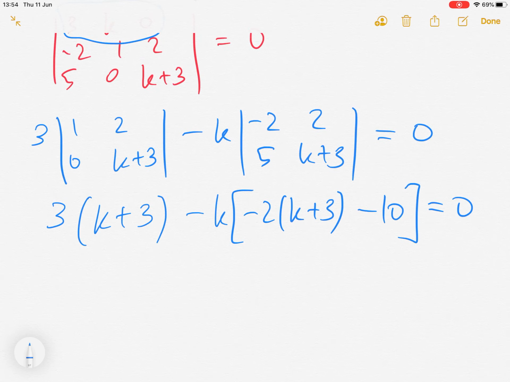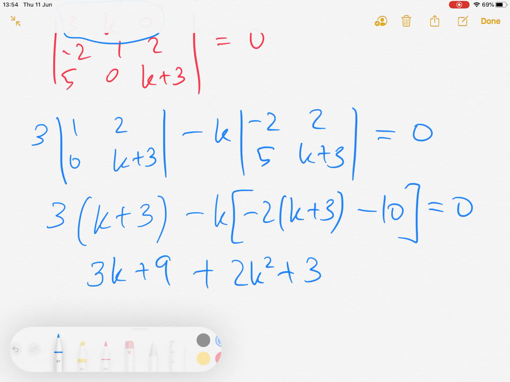And then we just need to solve this quadratic equation to find k. So this is 3k plus 9 plus, let's see, this is 2k squared plus 3k plus 6k, and then plus 10k.